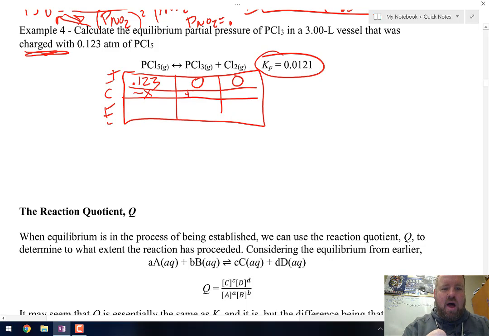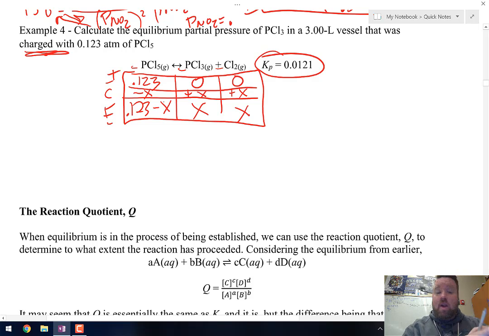It's going to go up by the same amount because it's a 1-to-1 ratio. And so is Cl2, you get an x there as well. Okay, well, 0 plus x is just x. 0 plus x, x, and then 0.123 minus x is 0.123 minus x.